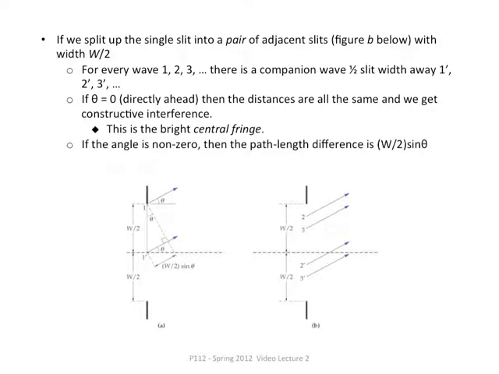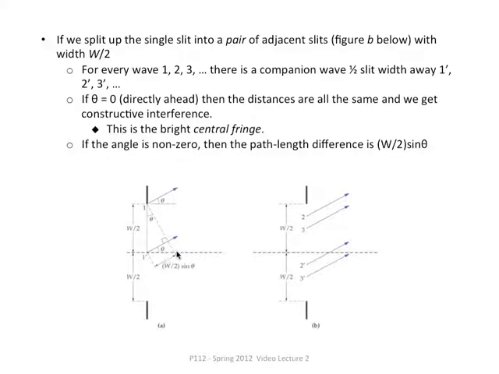If the angle is not 0, though, then the path length difference between them is W over 2 times the sine of this angle theta. So yes, we are here going to deal with the trigonometry. We have to worry about the angles when we're talking about diffraction through a slit.